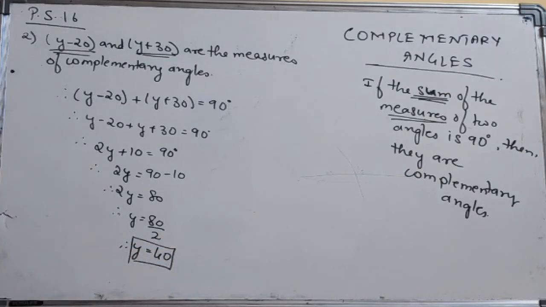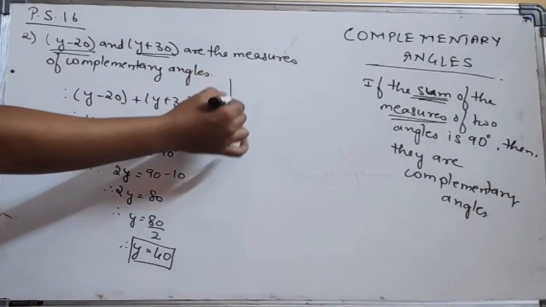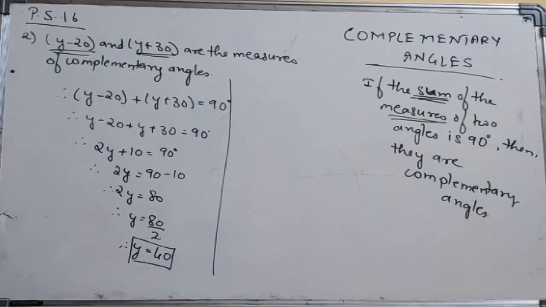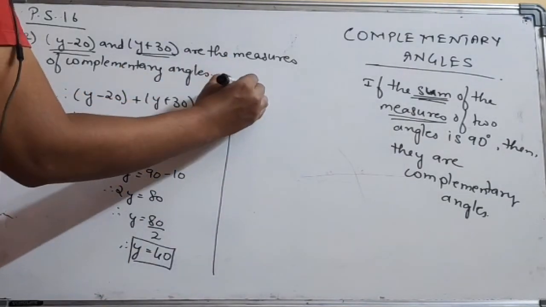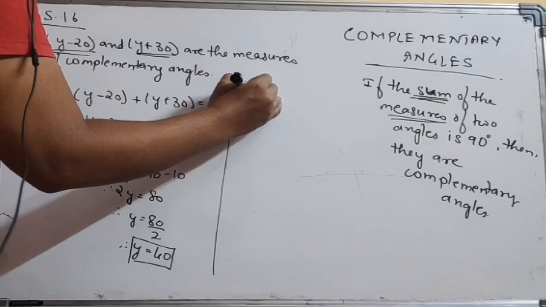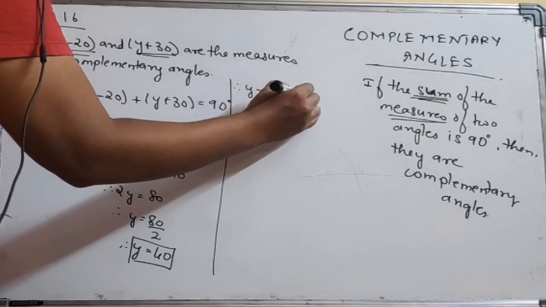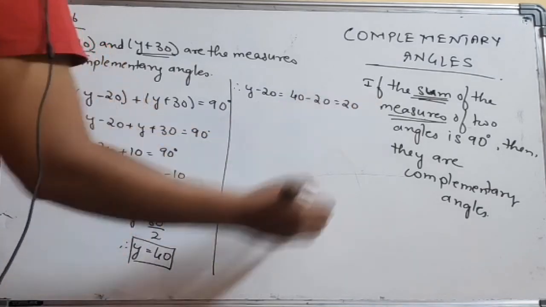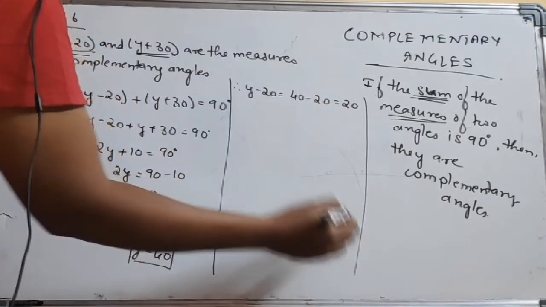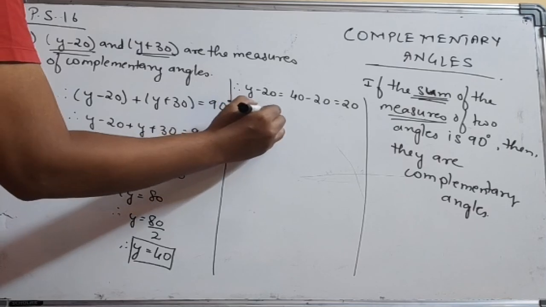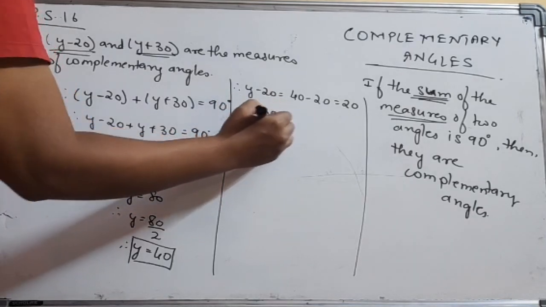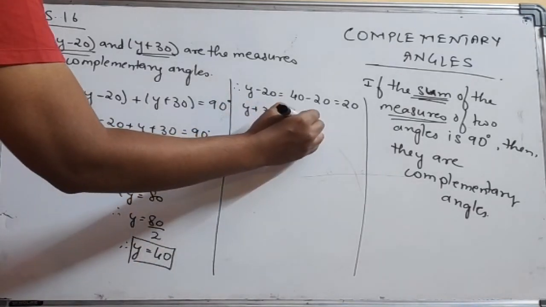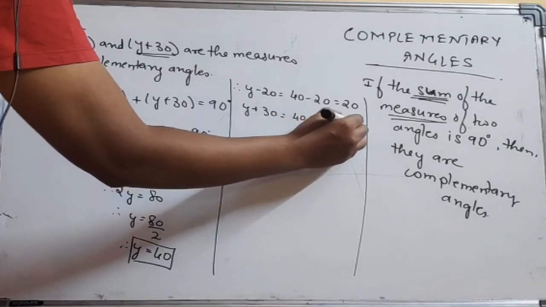Now you have got the value of the variable y. We need to find the measure of the two angles. Therefore y minus 20 will be 40 minus 20, that is equal to 20, and y plus 30 will be, what is the value of y? 40. 40 plus 30, that is equal to 70.